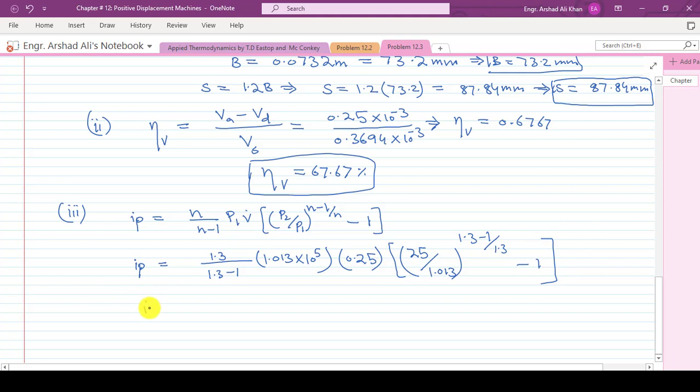So simplifying these values, indicated power is 2000 watt, while in kilowatt indicated power is 2 kilowatt.